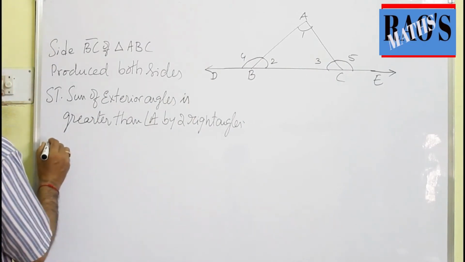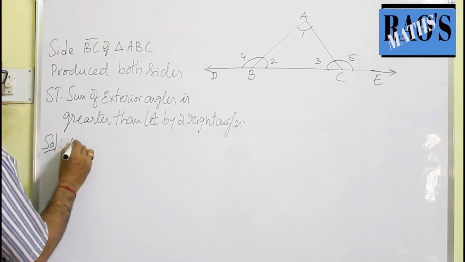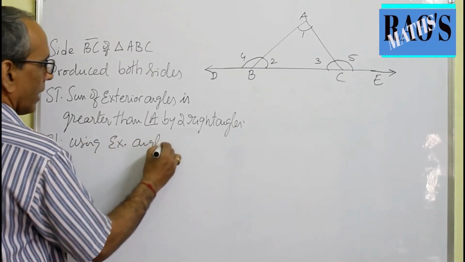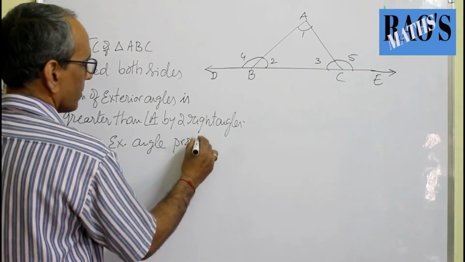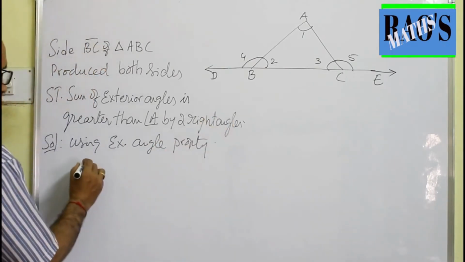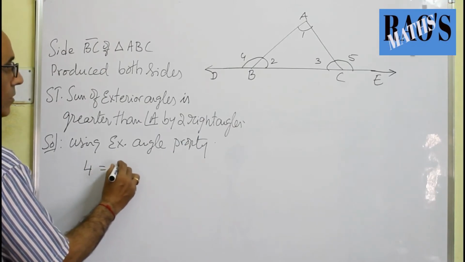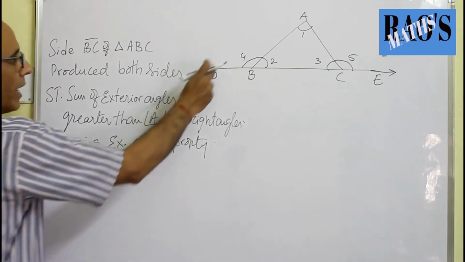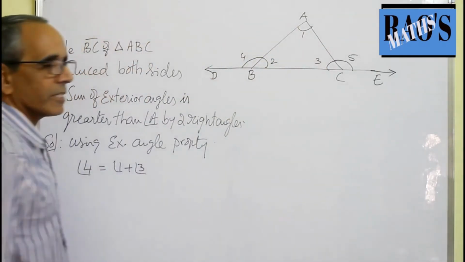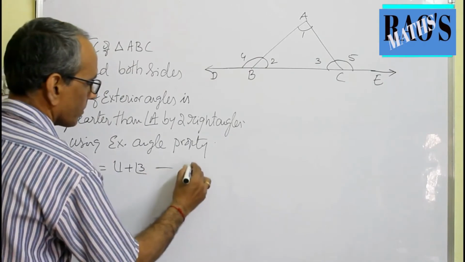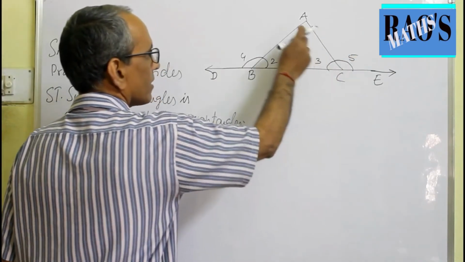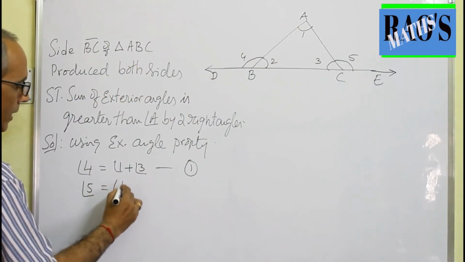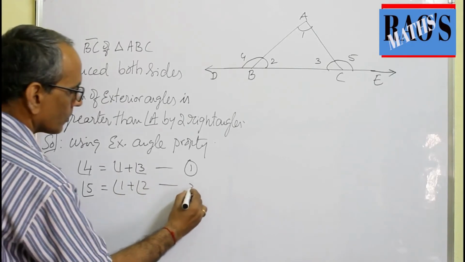By using the exterior angle property, angle 4 is equal to 1 plus 3. Angle 4 is the sum of the two interior opposite angles. Again, this exterior angle is the sum of 1 and 2. Angle 5 is equal to angle 1 plus angle 2.